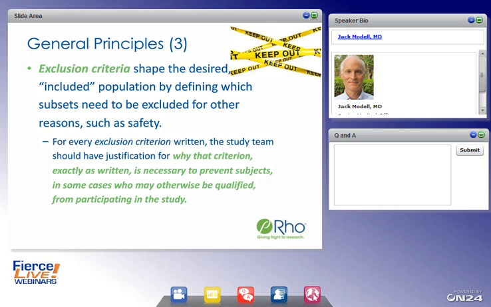I'll give you some examples later on where, unfortunately, very often there's not good reason. We sort of arbitrarily say we don't want somebody over 65, we don't want somebody over a certain blood pressure, under a certain age, a lot of different things that we're just so used to putting in protocols that we don't really think about whether we really need to do that.